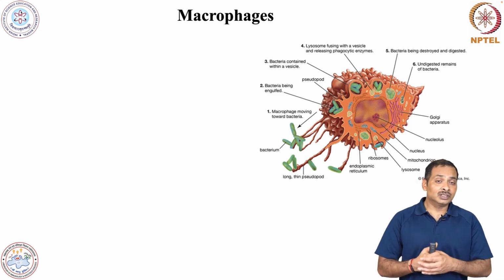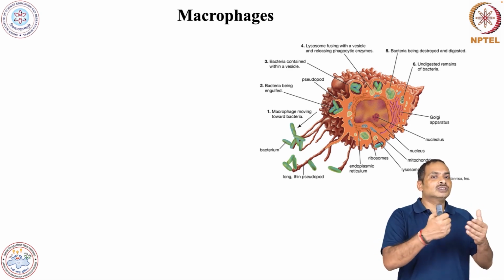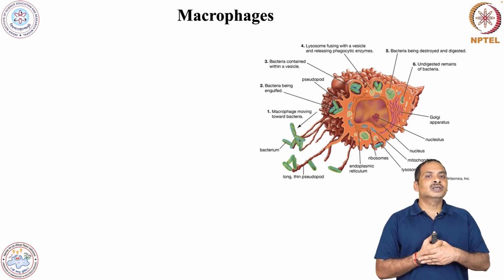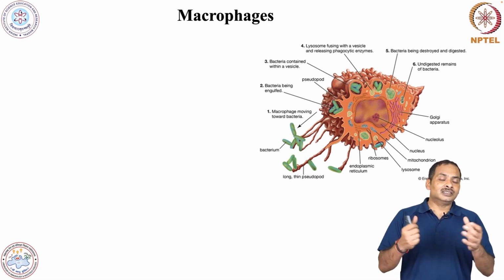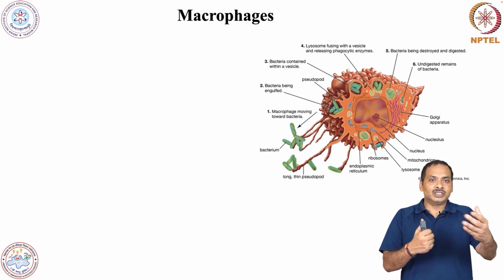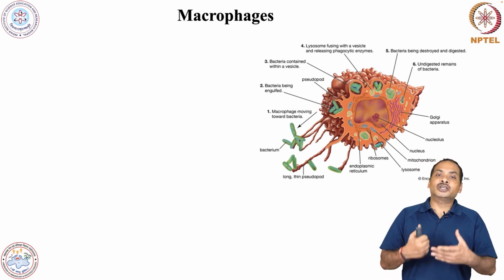In simpler words, there will be some receptor for this pathogen, and there will be clustering of this receptor when it comes in contact with the membrane of macrophages.